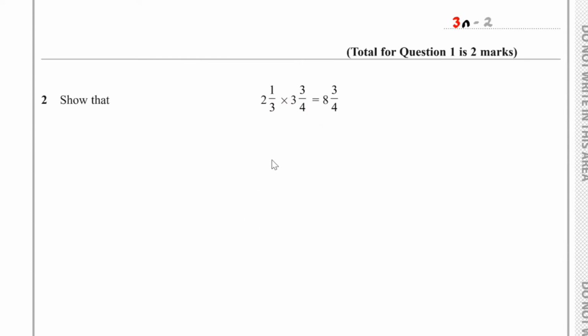Question number 2. We have to show that 2 1/3 multiplied by 3 3/4 is equal to 8 3/4.